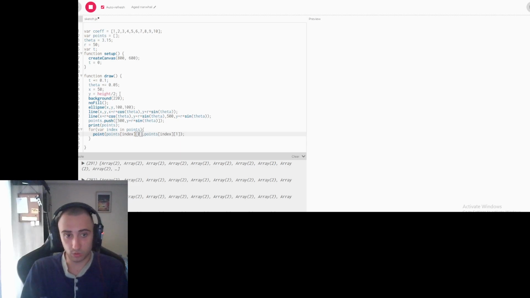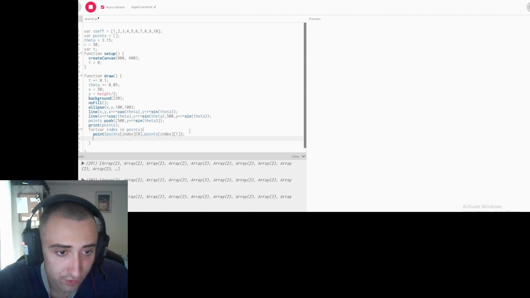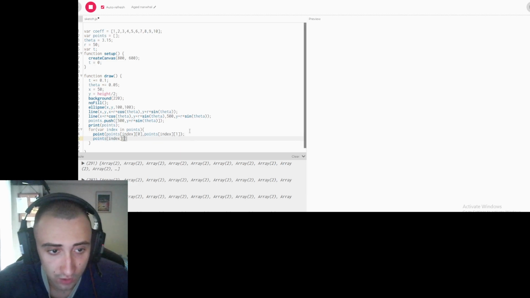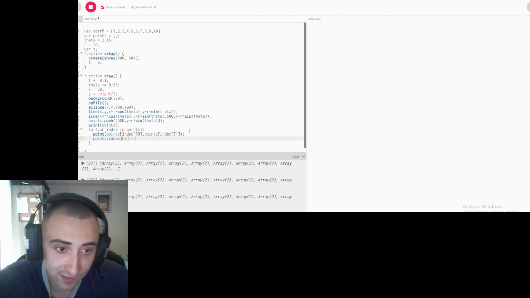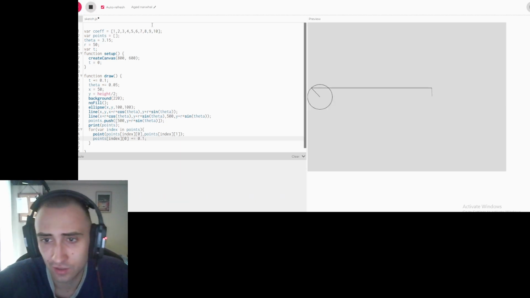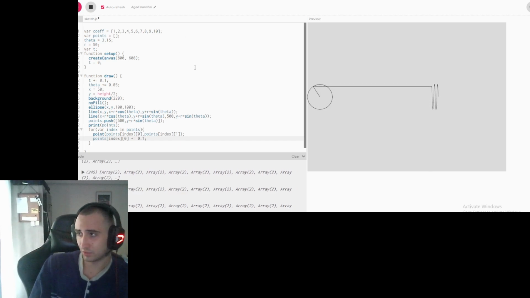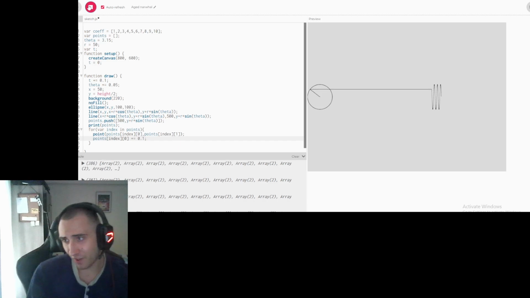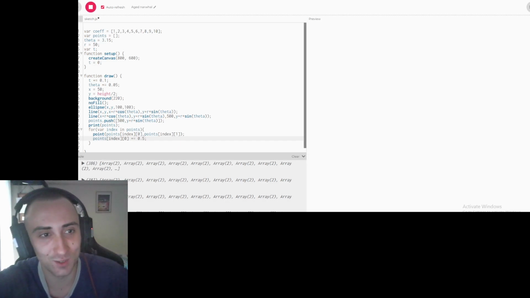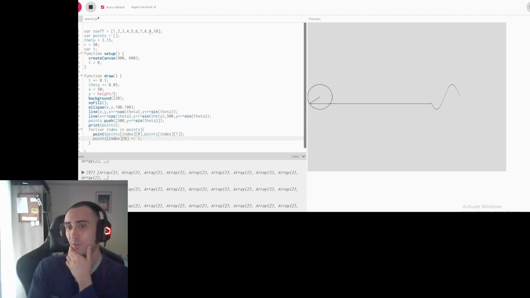So I really don't want to do this, which is to say that points index 0 plus equals time, not time, 0.1. This could work, it does work, but is it good? It's fine. Just do this 0. No, maybe 1 pixel. Yeah, and we are fine.